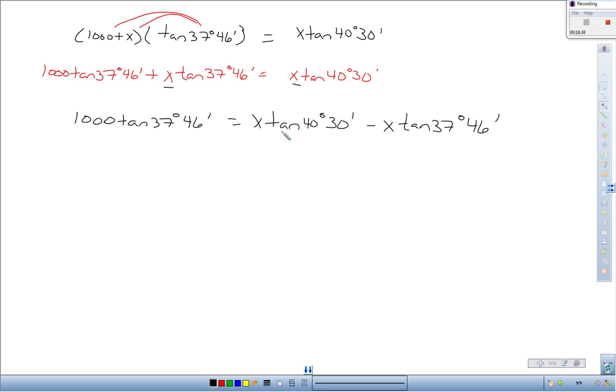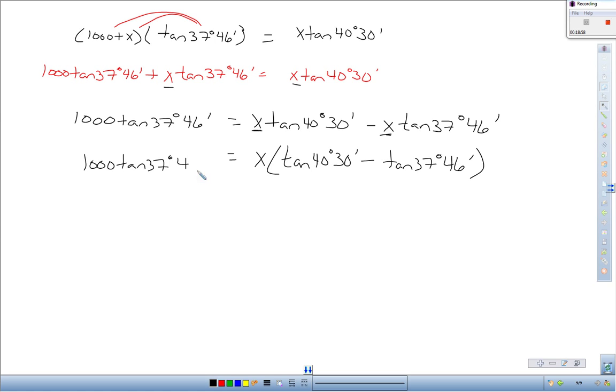Now that I've got these two x's on the same side, they're in common, so I can factor that x out. So I'm going to have x times tangent of 40 degrees, 30 minutes minus tangent of 37 degrees, 46 minutes, and that's still equal to 1,000 tangent of 37 degrees, 46 minutes.